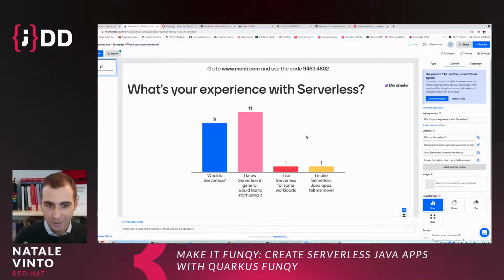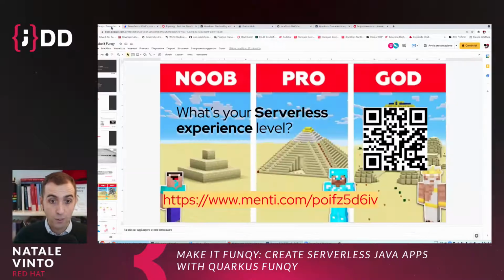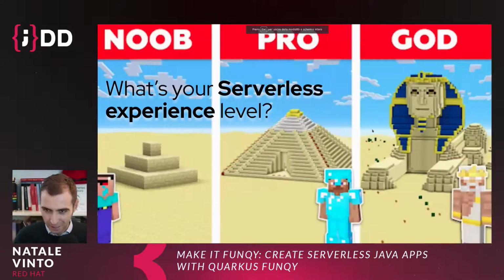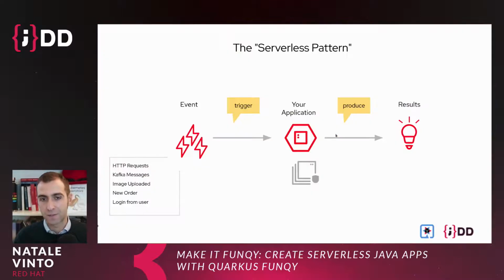It looks there's some kind of generic knowledge, and people would like to get more about serverless, which is cool because it goes into our next topic about what is serverless. Let's go on a little bit of explanation about serverless. So if you look at this diagram, really the serverless pattern is composed of three phases.